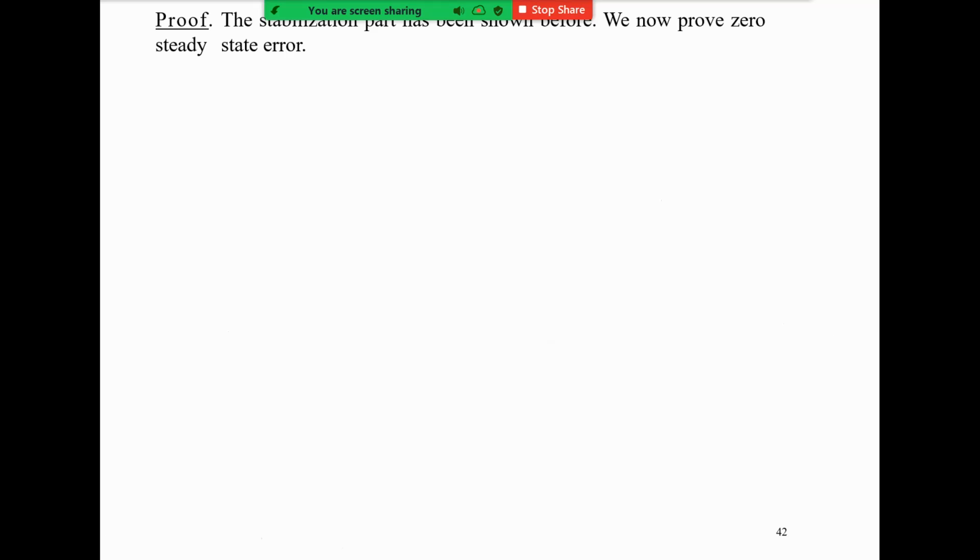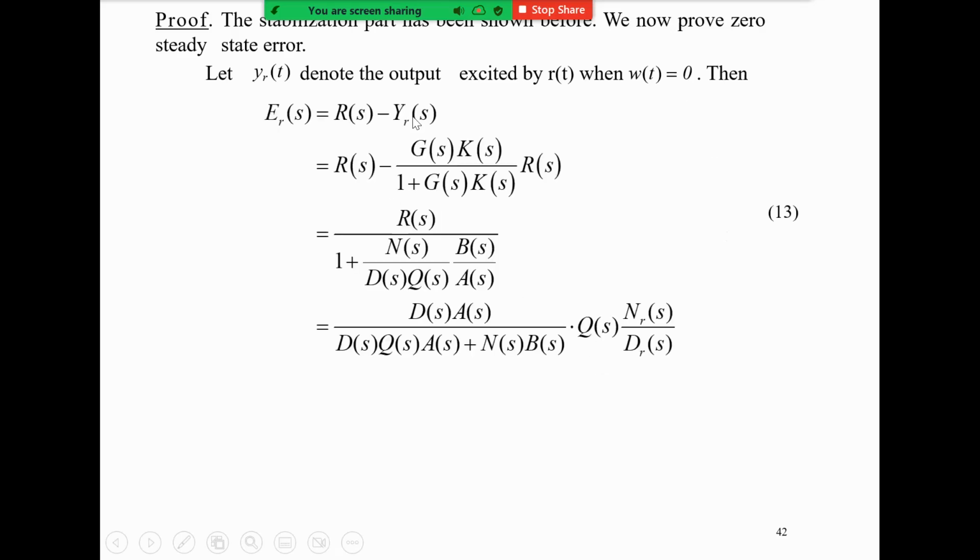So let's analyze that. Let Y_R denote the output excited by R when the disturbance equals 0.